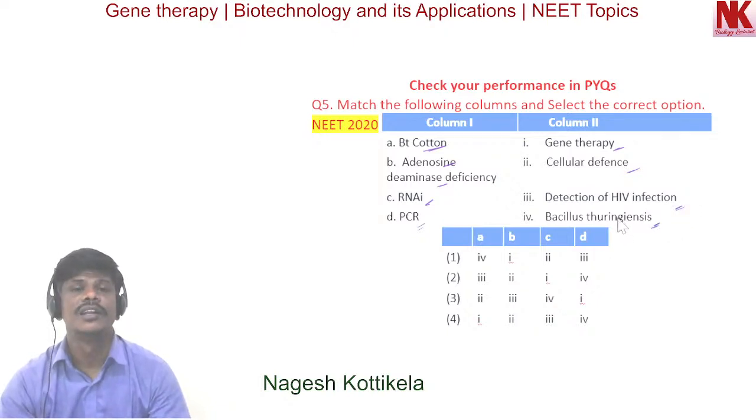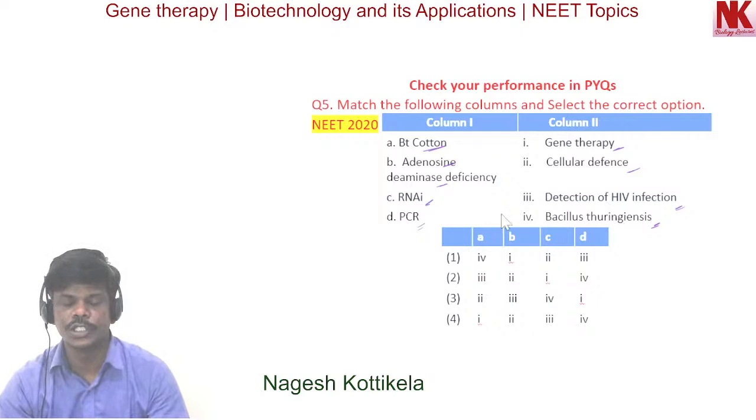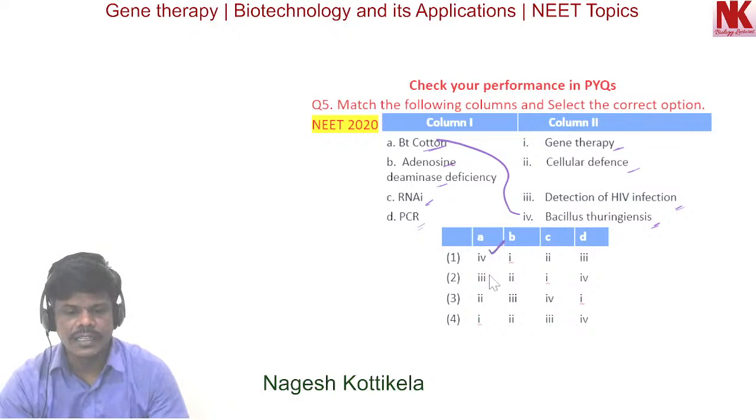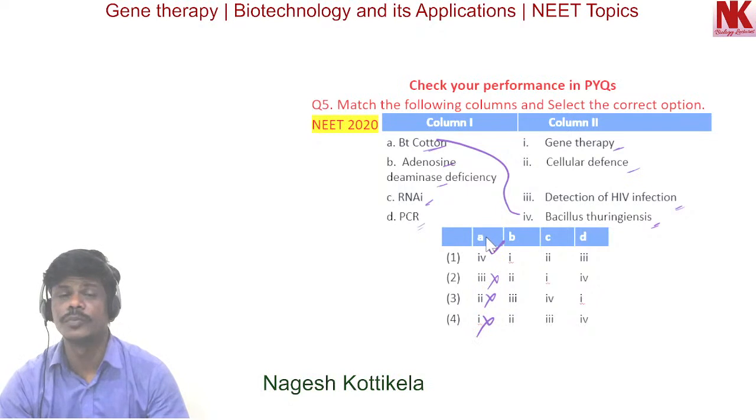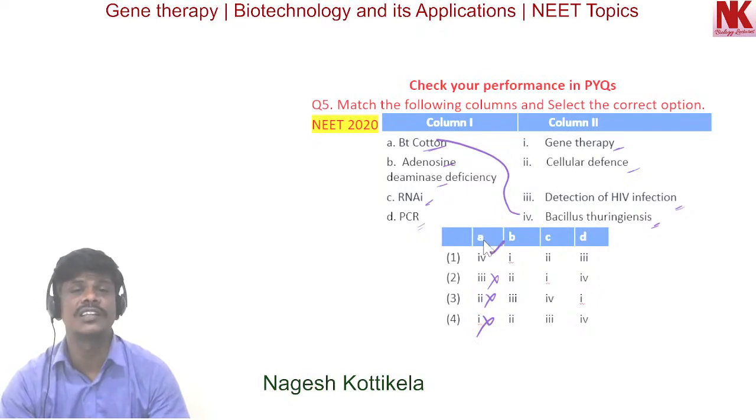These are given. Now let's match these options. Bt cotton is associated with Bacillus thuringiensis. So A should be 4. So A is 4 here, and in the other options it is not given. So directly we can get the option like this. But anyhow, let's check the other options.